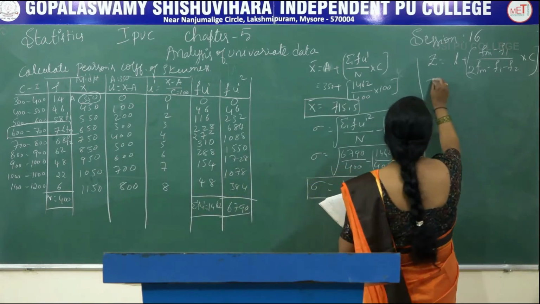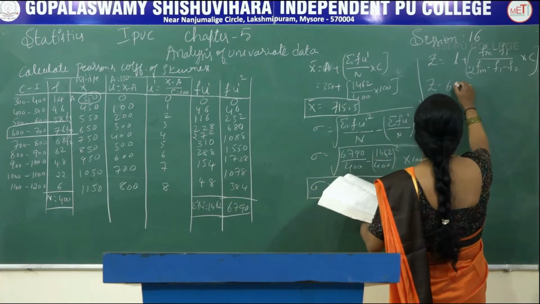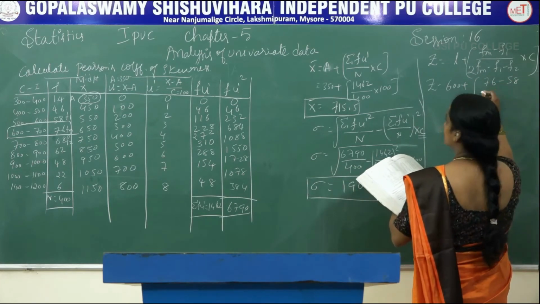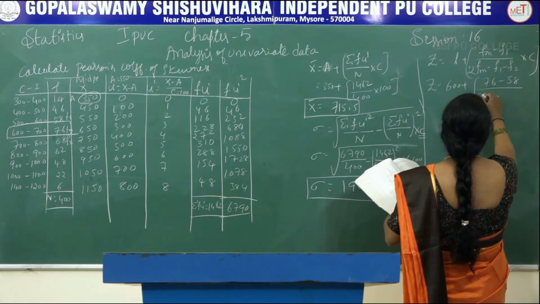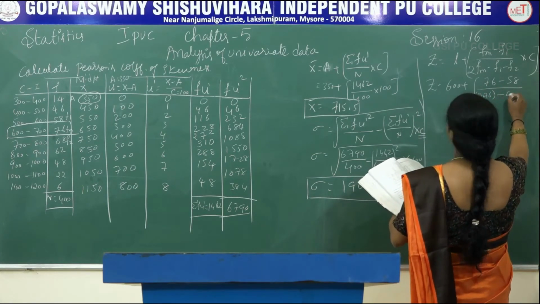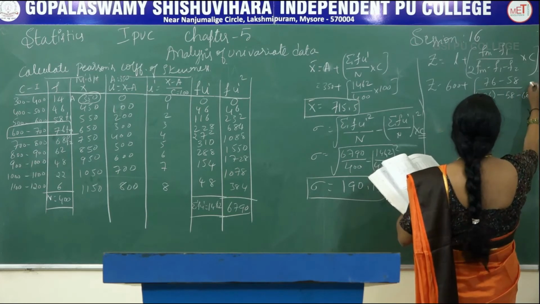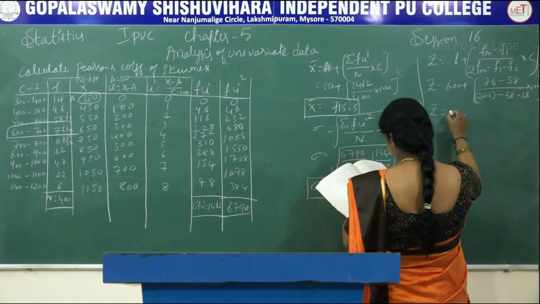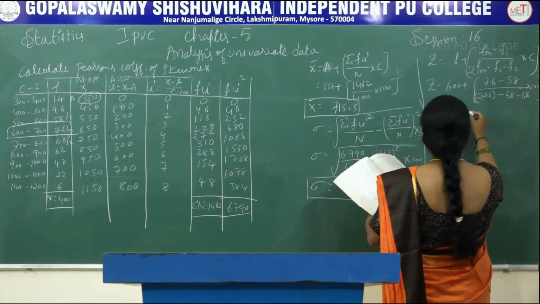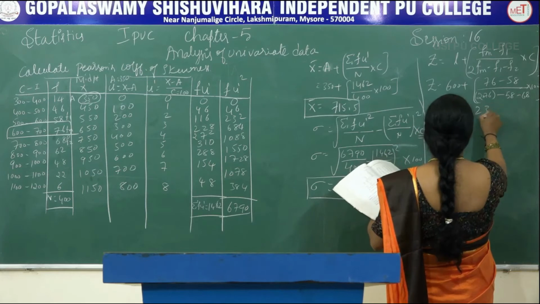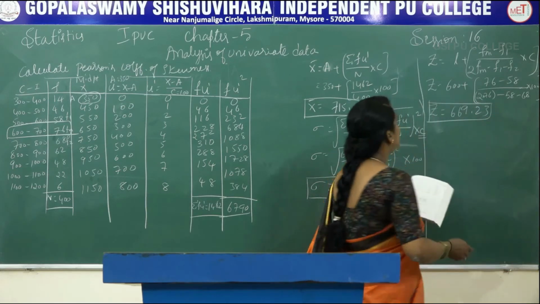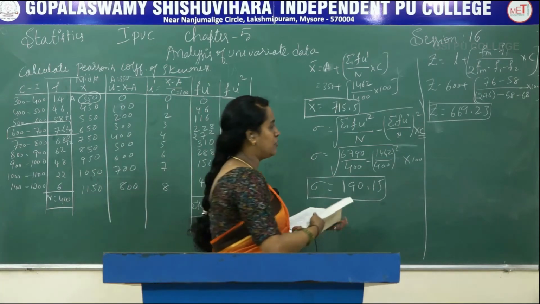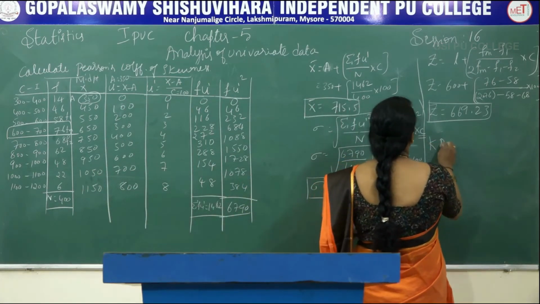Substituting the values, Z is equal to 600 plus 76 minus 58 divided by 2 into 76 minus 58 minus 68, into C equal to 100. After simplification, your Z is 669.23.